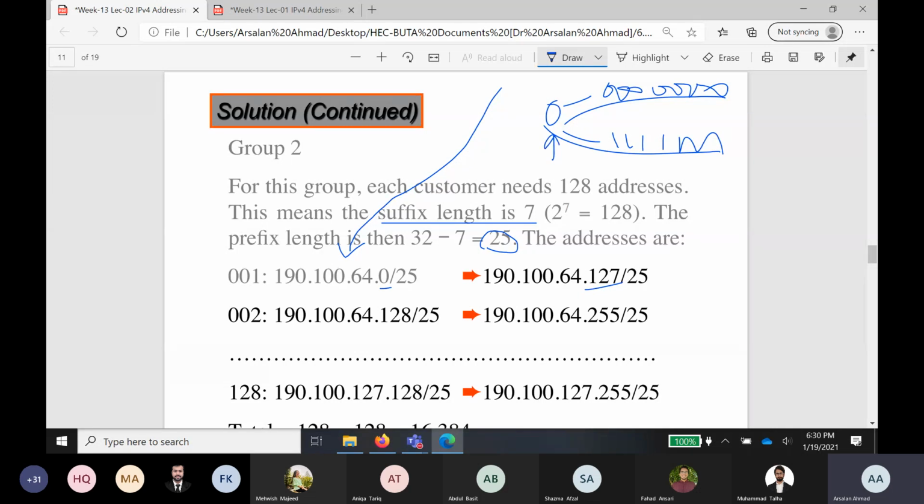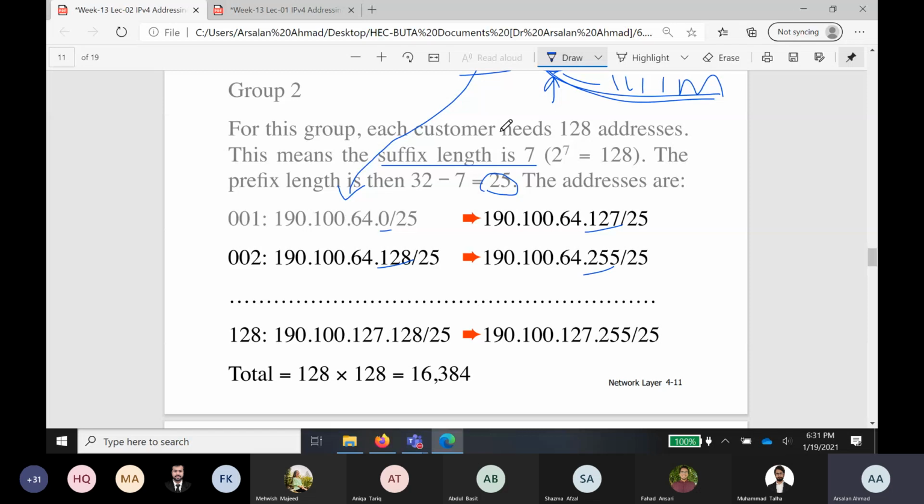Okay, so you will have a 1 over here, and this is 128 over here, and this is 255 over here. Okay, so you accommodate two customers, and then you make a change in this byte, in the third octet. And obviously, the next, third customer would be 65.0 up until 65.127.